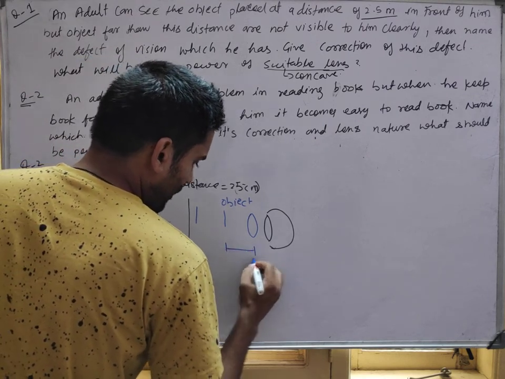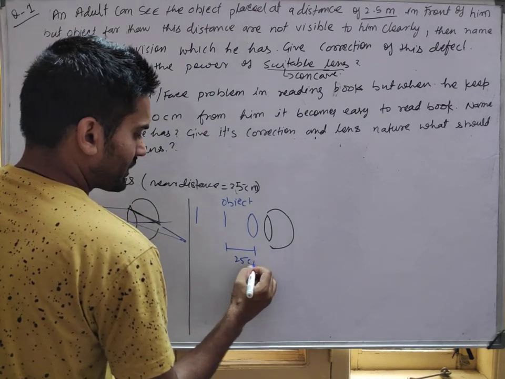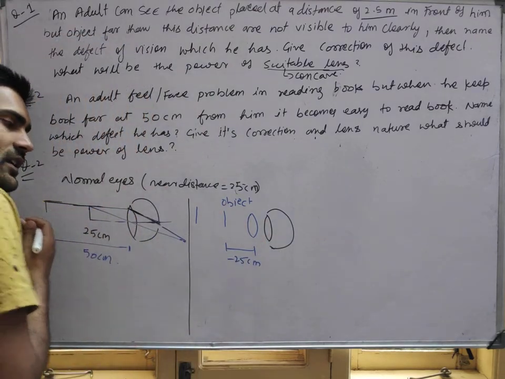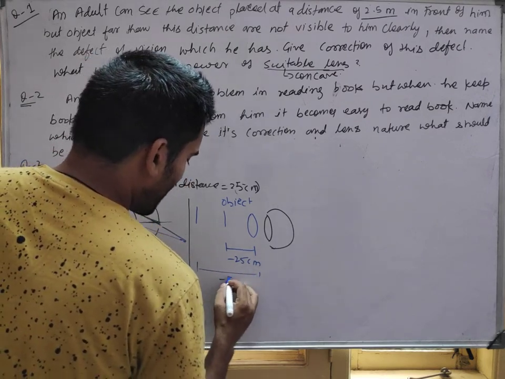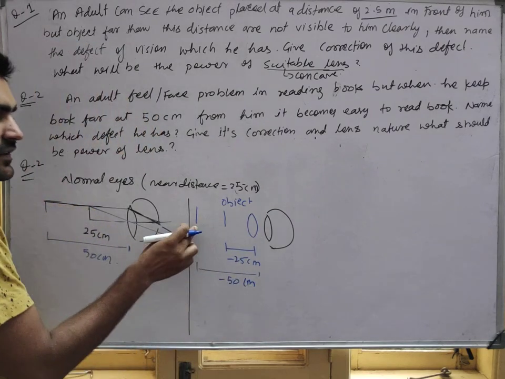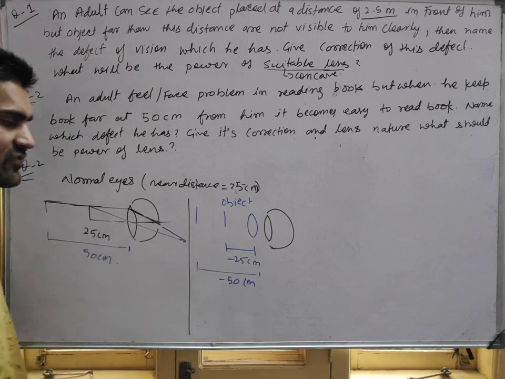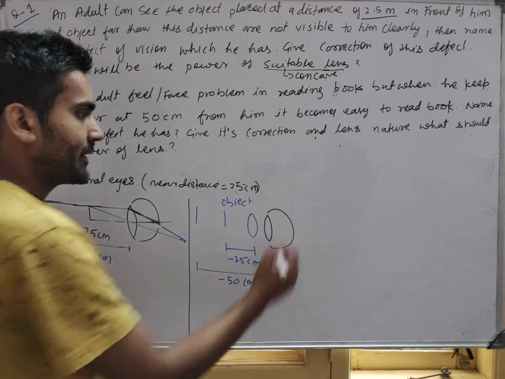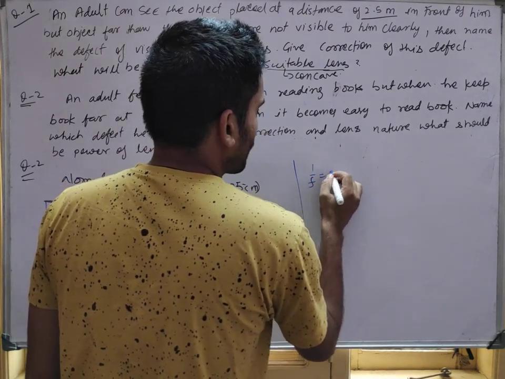So this length is how much, guys? This length is minus 25 centimeters, because we are going to this side, and the image is formed at minus 50 centimeters. So now he will feel that the image is formed at 50 centimeters, and he can see the image very clearly, right?